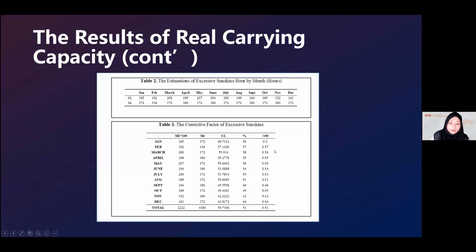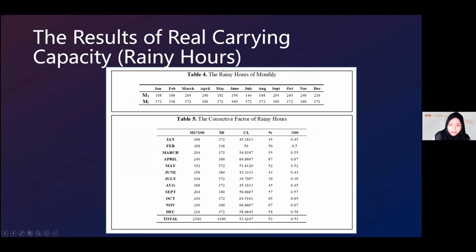We go by percent, then we make it as a factor. All right. For example, we have 1796. We have the calculation, and this factor we minus from the number of users. Okay, the corrective factor of excessive sunshine, and also we have rainy days.